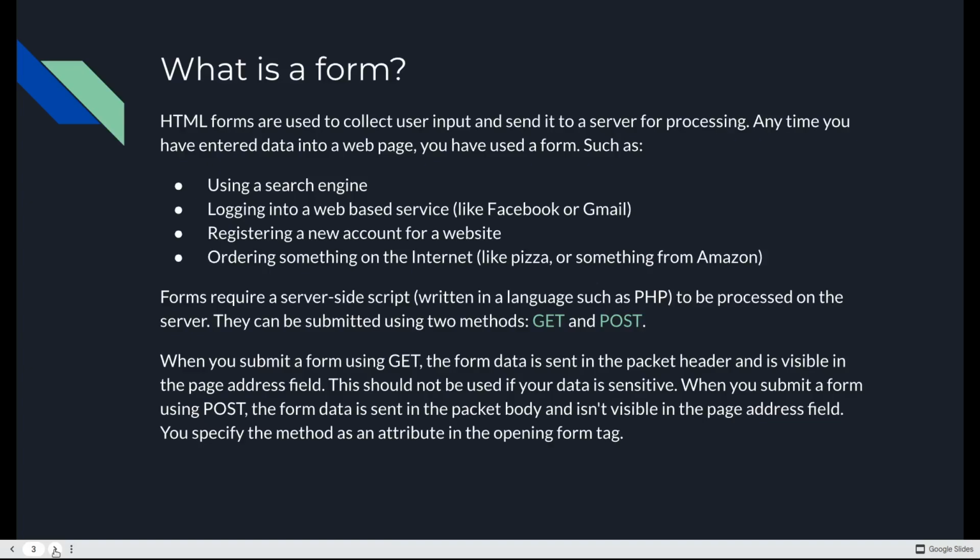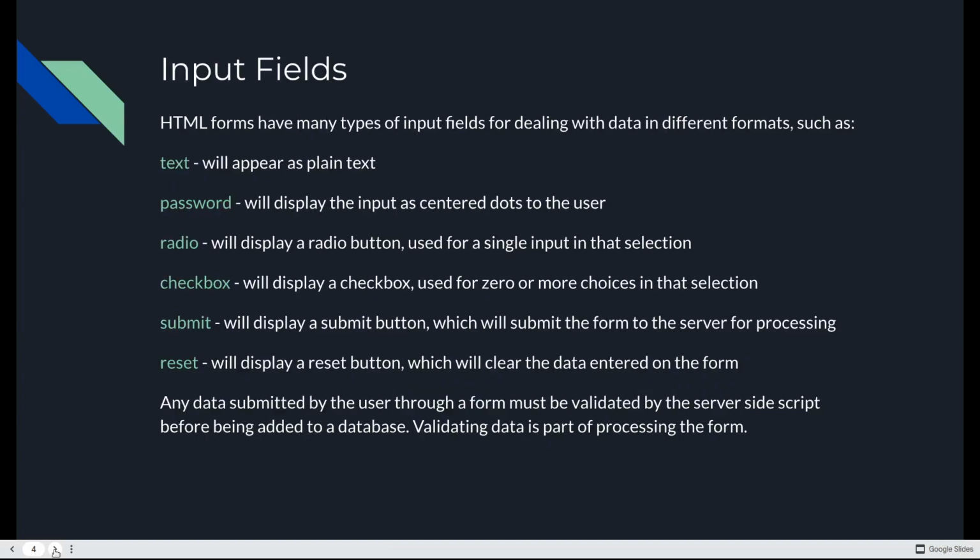When you submit a form using post, however, the data is sent in the body of the packet. So it's not visible in the address field. It's not encrypted. It's just not visible in the address field. And you can specify which method you want the form to use to send the data to the server as an attribute in the opening form tag. And that's exactly what we're going to do.